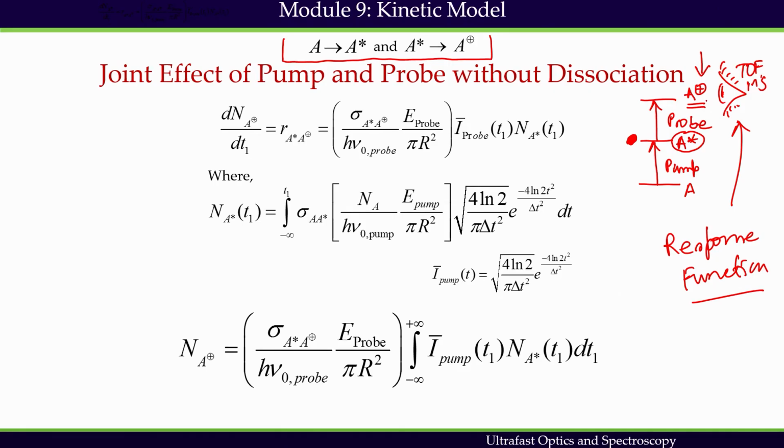So, in this case we will be able to write down the ionization rate equation, which is dNA plus by dt1. We have to remind ourselves that this variable is taken as t1 because it will depend on the population of Na star, and the Na star population, as we have seen so far, would depend on T1.